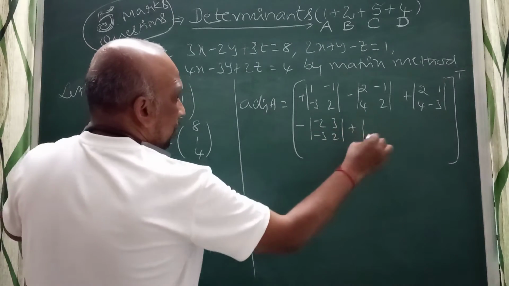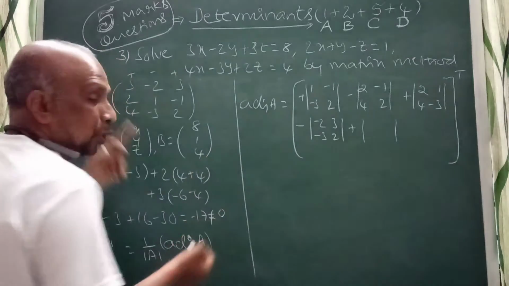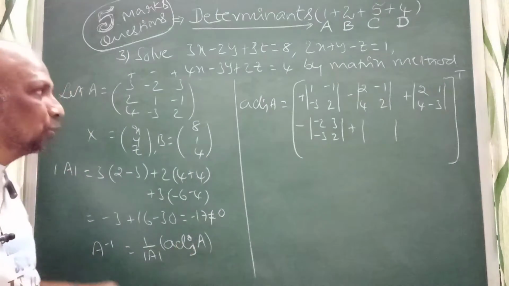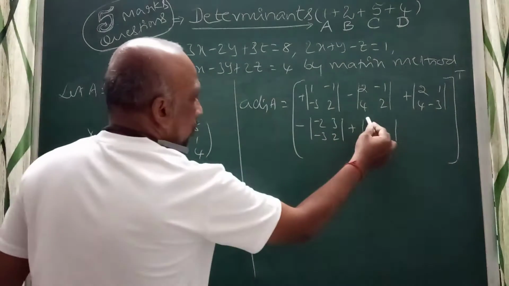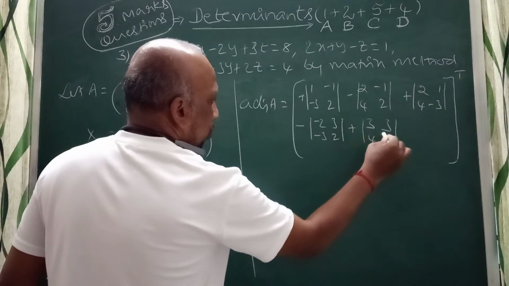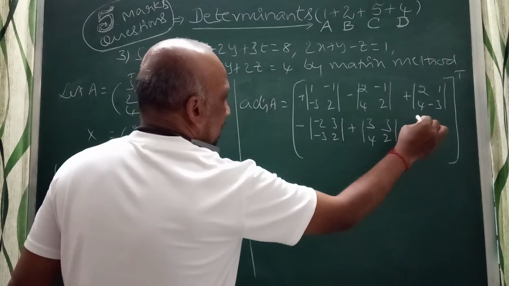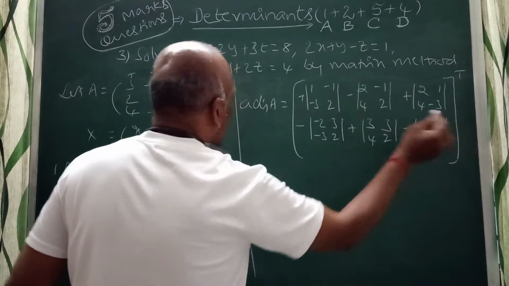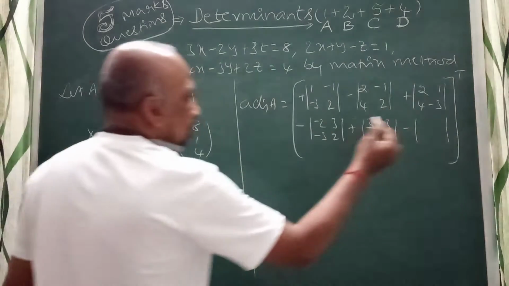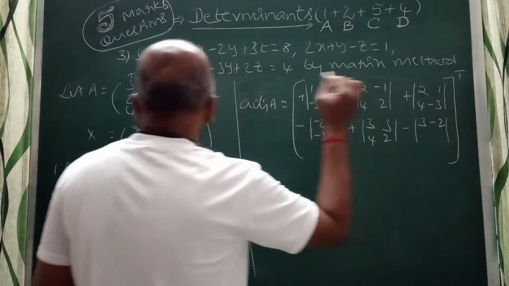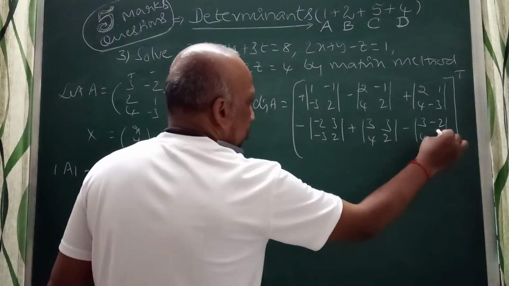Then A22, 2 plus 2 is 4, plus: leave this row and this column, 3 3, 4 2. And here minus, because this is A23: leave this row and this column, 3 minus 2, 4 minus 3.